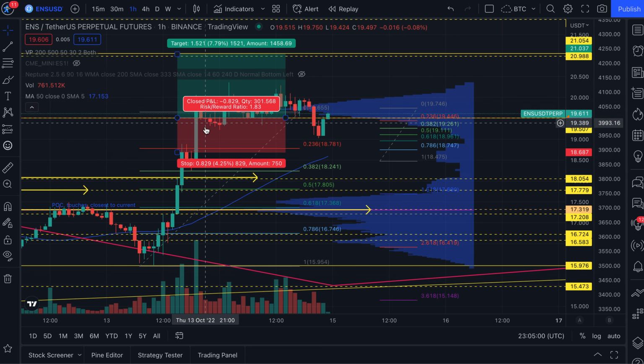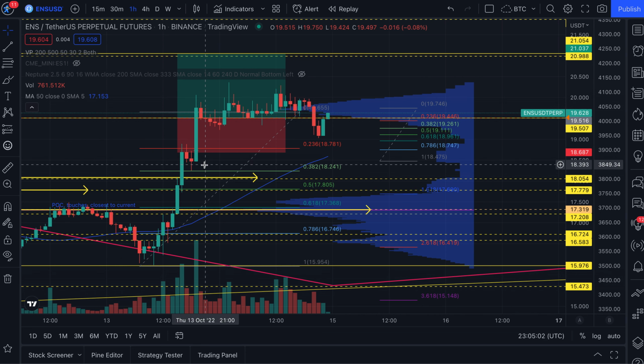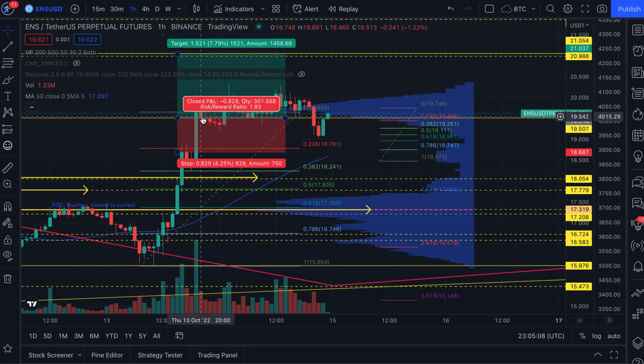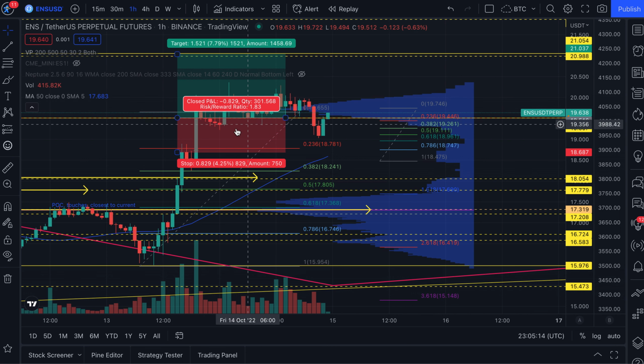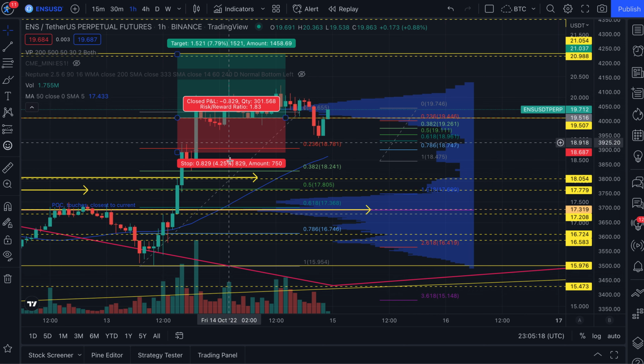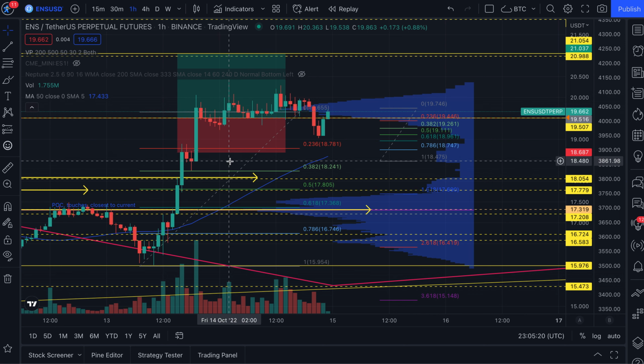So as you see, this candle right here, I'm going to move out of that tool thing. So yeah, it breaks past the 19.5 here, and it bounces back down to it. I was expecting it to bounce up, and that's why I took, sorry, that's not when I took the play. I took the play here because this is the first time that it actually closed above the 19.5.